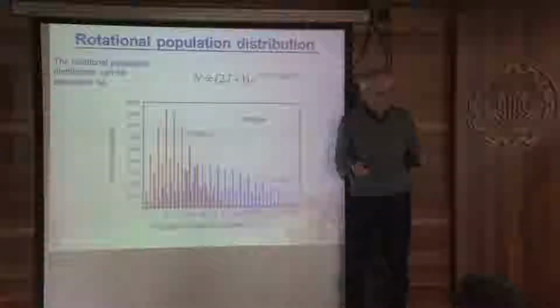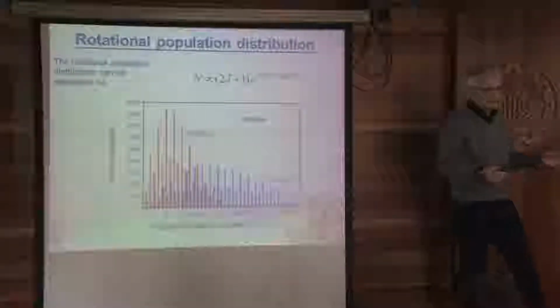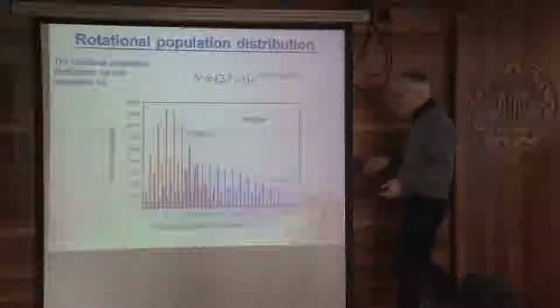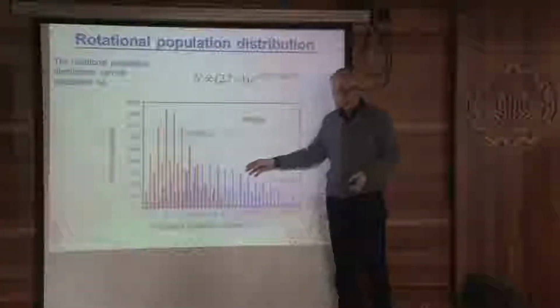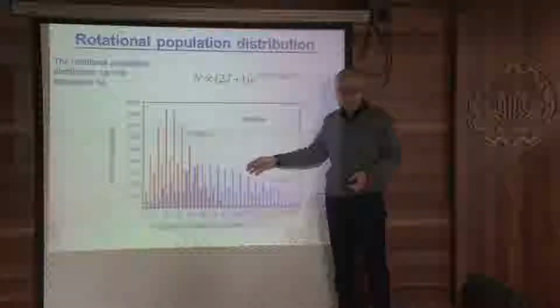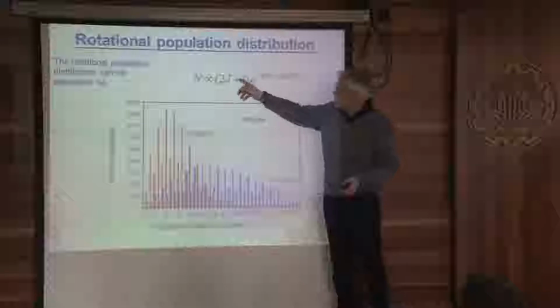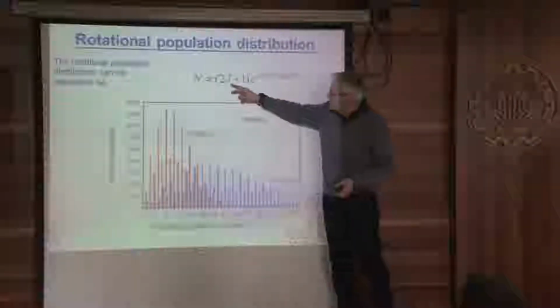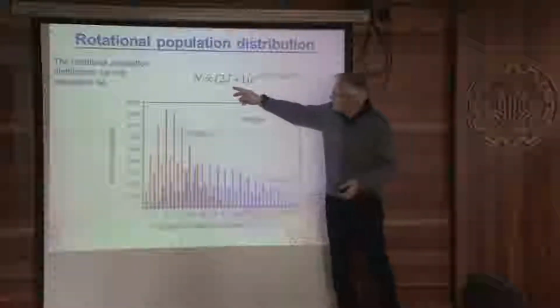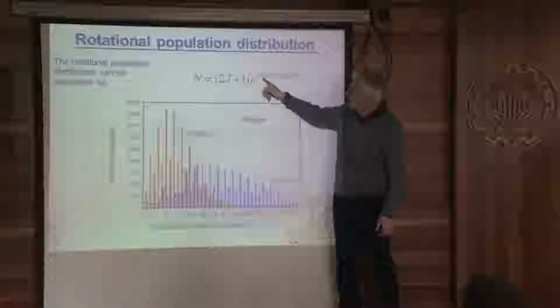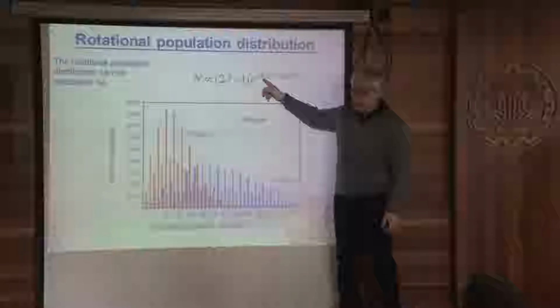And if you haven't seen this before, it might look very strange, very odd, very complicated. But this is not, I would say, deep physics. It's just knowing the energy levels, knowing the Boltzmann distribution. You have the rotational constant, the rotational quantum number. You have a specific rotational constant, specific for each molecule.